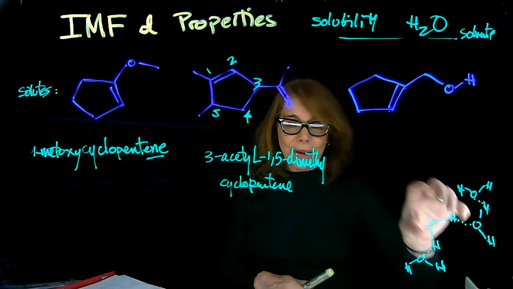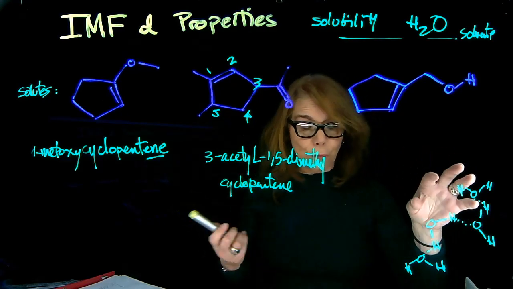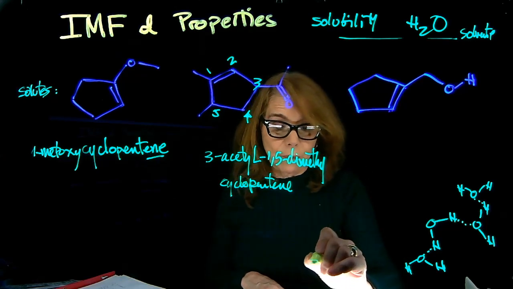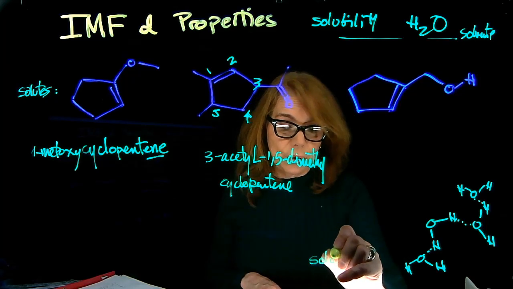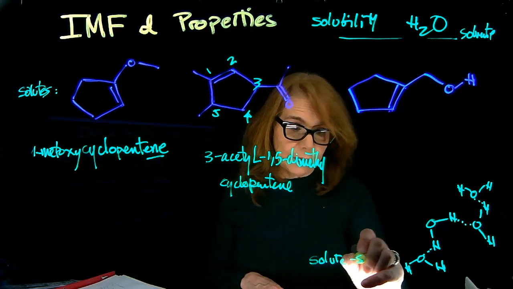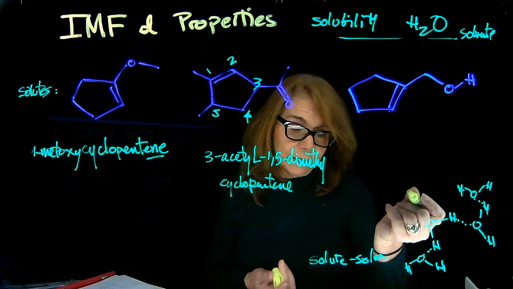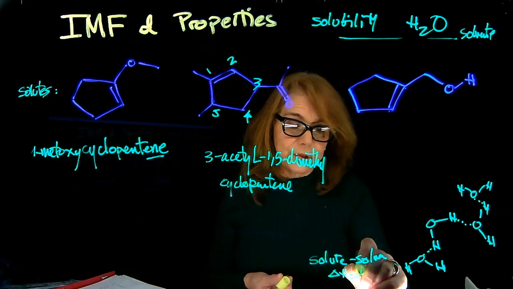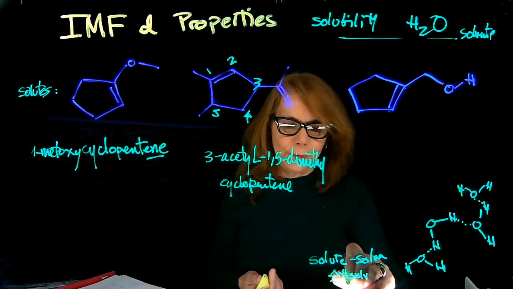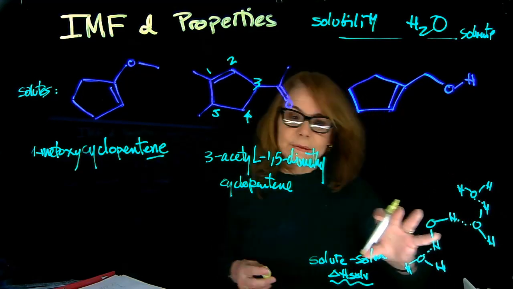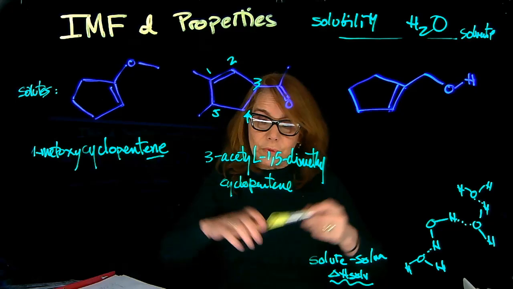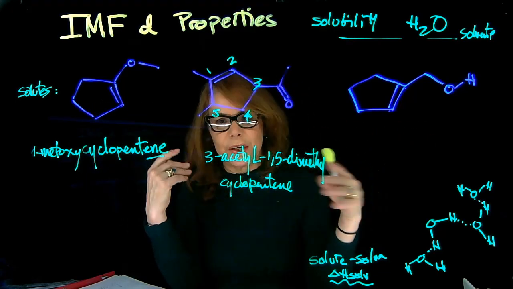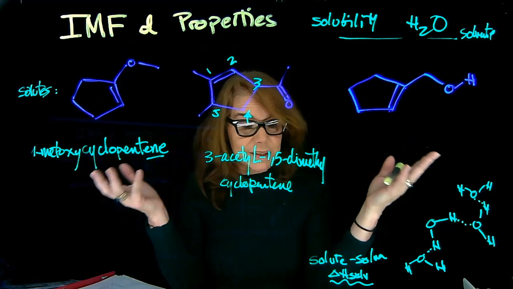Here we have a very strong interaction. Let's see if we can replace it with something similar between solute and solvent. This is what is going to make the enthalpy of solvation favorable, if you're able to compensate for that.